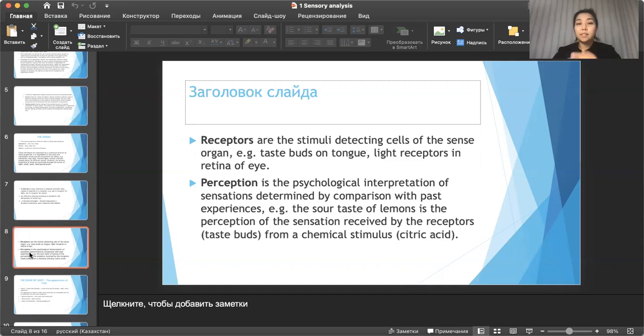Perception is a physiological interpretation of sensations, determined by comparison with past experience. For example, the sour taste of lemons is the perception of the sensation received by our taste buds from the chemical stimulus, and we can say it is citric acid.